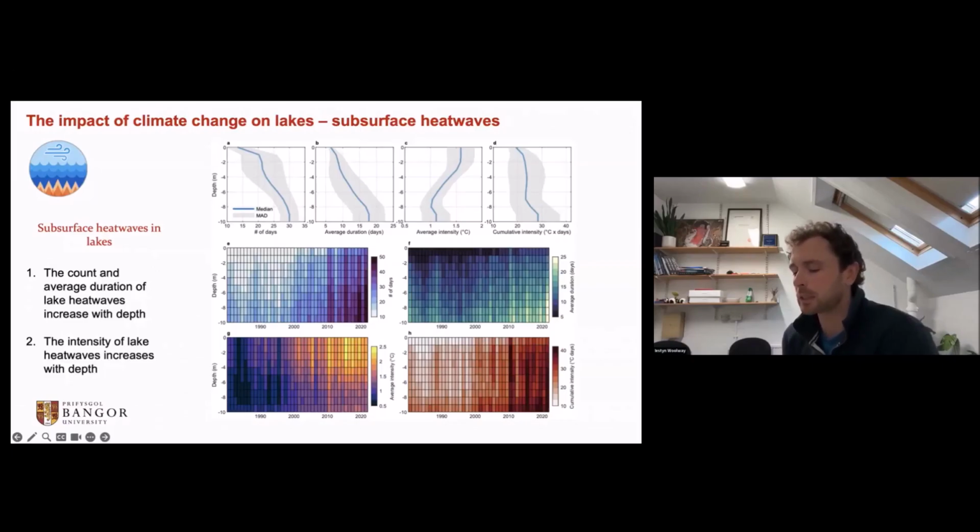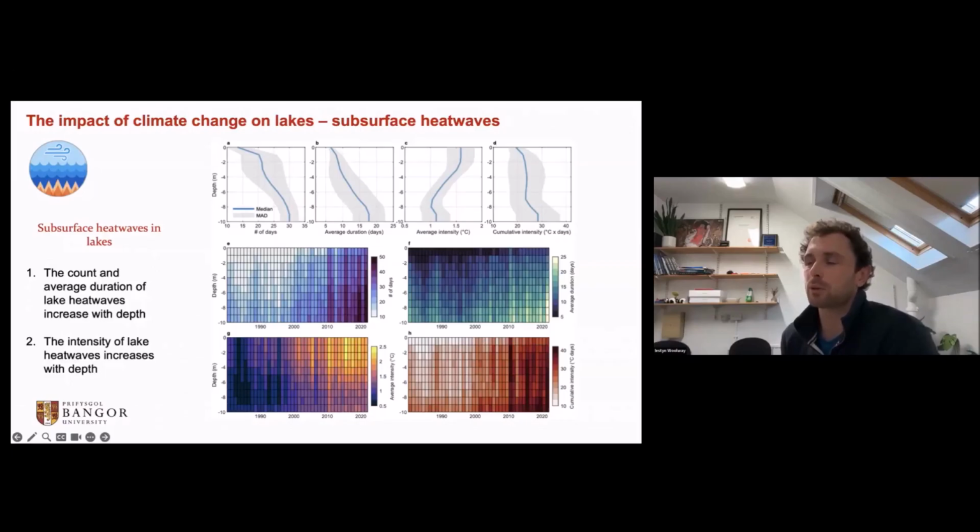I won't go into the details of this too much, just in the interest of time, but panels A, B, C, and D demonstrate the heat wave profile in terms of the number of days of subsurface heat waves, the average duration, average intensity, and cumulative intensity. These are very similar to a lake temperature profile plot, if you've seen these before, where you have warm surface conditions and cooler temperatures at depth.